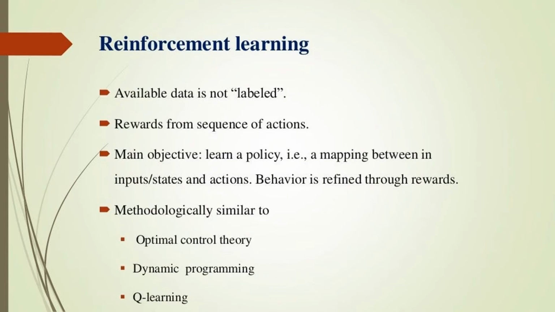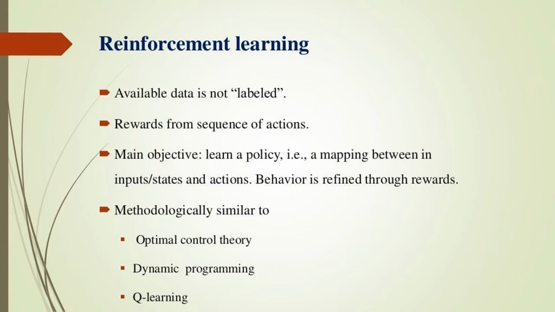Reinforcement learning. Available data is not labeled. Rewards come from a sequence of actions. Main objective: learn a policy, a mapping between inputs or states and actions. Behavior is refined through rewards.